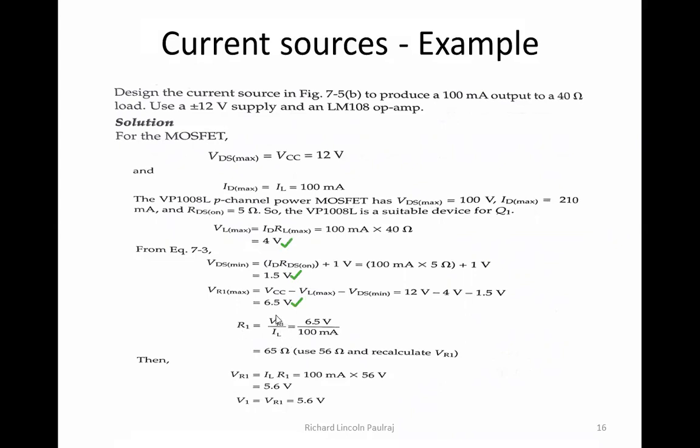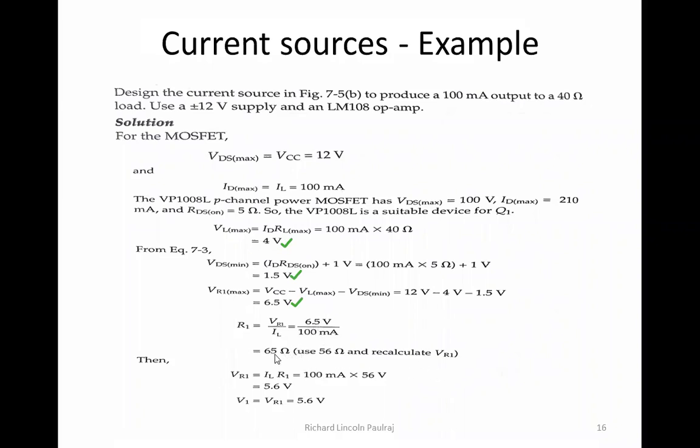R1 is going to be whatever is the voltage divided by IL. Now why do you think I'm taking IL here? Because the currents are same, right? IL and IS, the currents are same. So 6.5 is here, and then 100 milliamps I have it here, the maximum. So please divide.